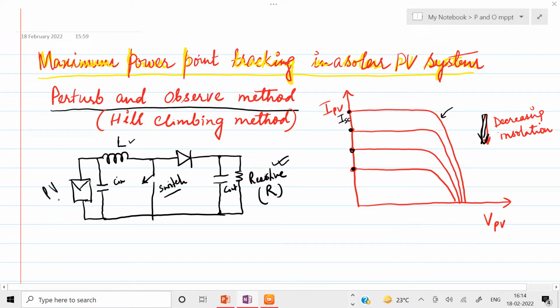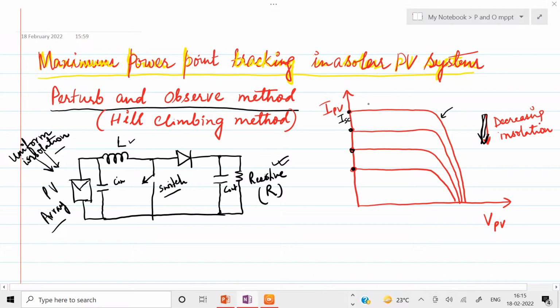So this is your PV array. It is actually a combination of PV cells, PV panels in series and parallel, and let me also assume that it is receiving a uniform insolation. By uniform insolation I mean that all the panels in this PV array are receiving the same amount of sunlight.